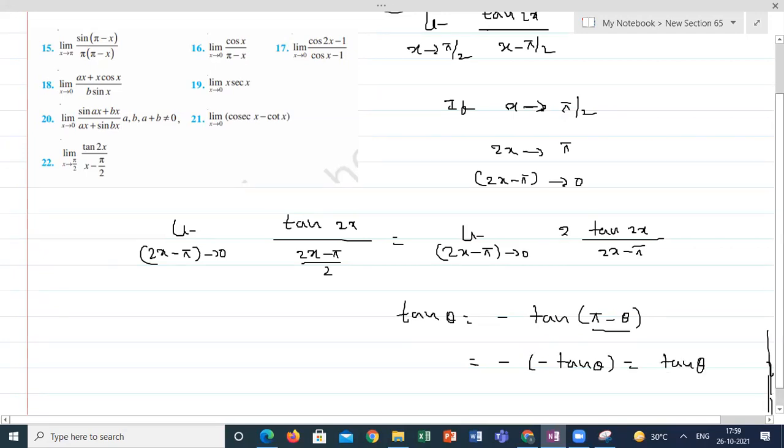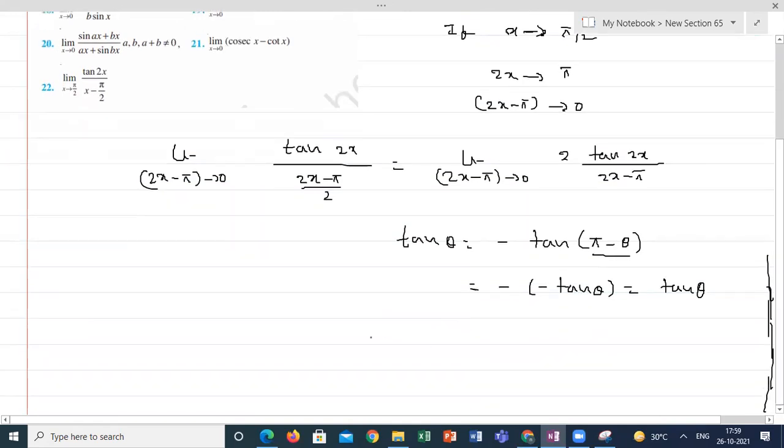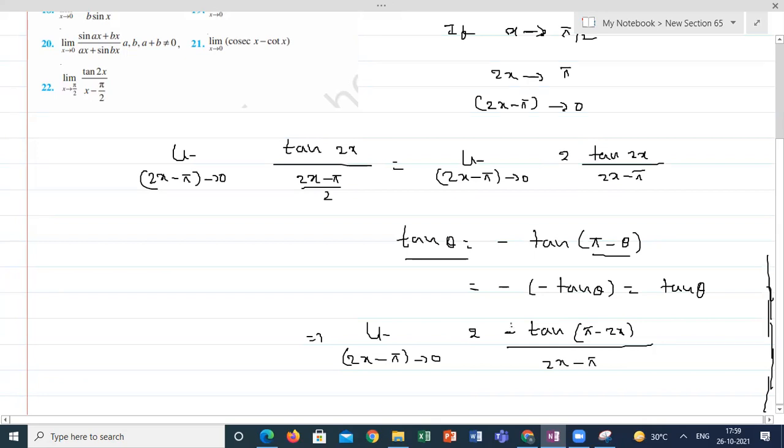So tan 2x can be written, using this format, as minus tan of (pi minus 2x) divided by (2x minus pi).